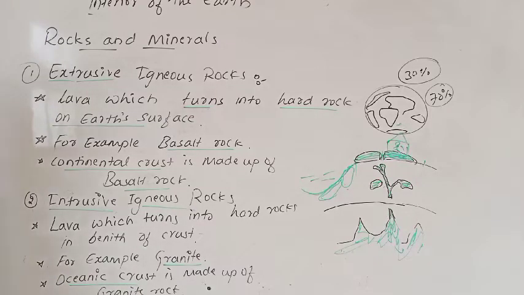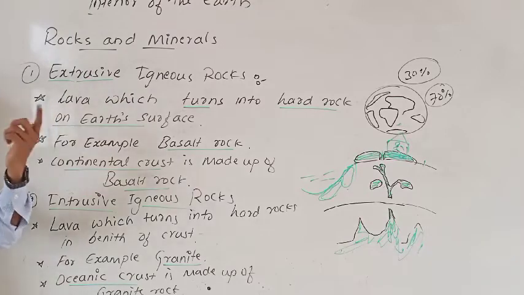Write down. There are two types of igneous rock, and we discussed igneous rock. Igneous rock is a primary rock, the rock which formed the crust.